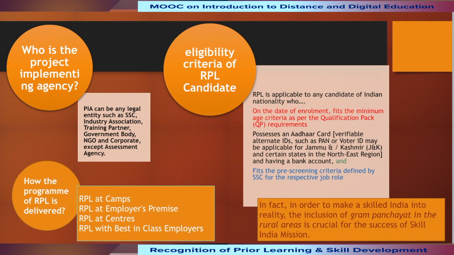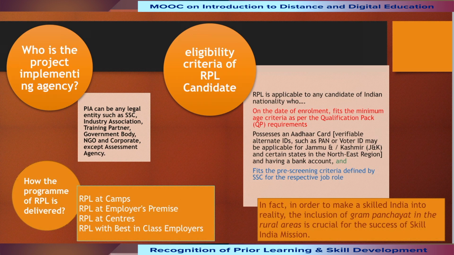If we look at the eligibility criteria of an RPL candidate, then RPL is applicable to any candidate of Indian nationality who, on the date of enrollment, fits the minimum age criteria as per the qualification pack requirements, possesses an Aadhaar card (variable alternative IDs such as PAN or voter ID may be applicable for Jammu and Kashmir and certain states in the northeastern region), has a bank account, and fits the pre-screening criteria defined by the SSC for the respective job role.